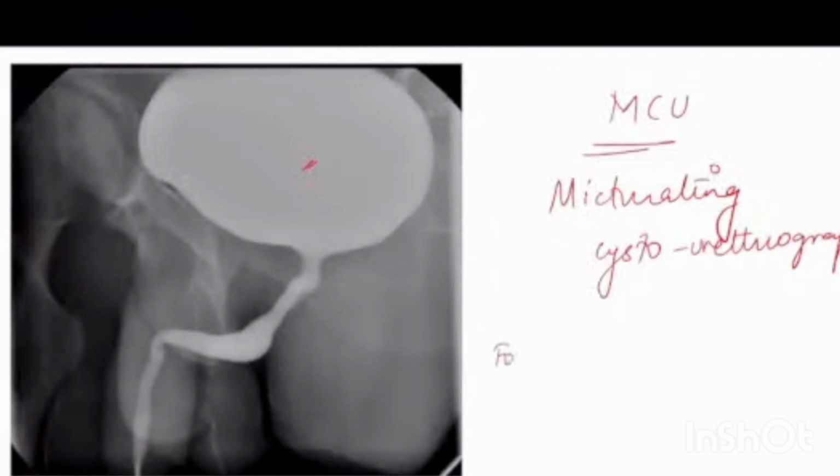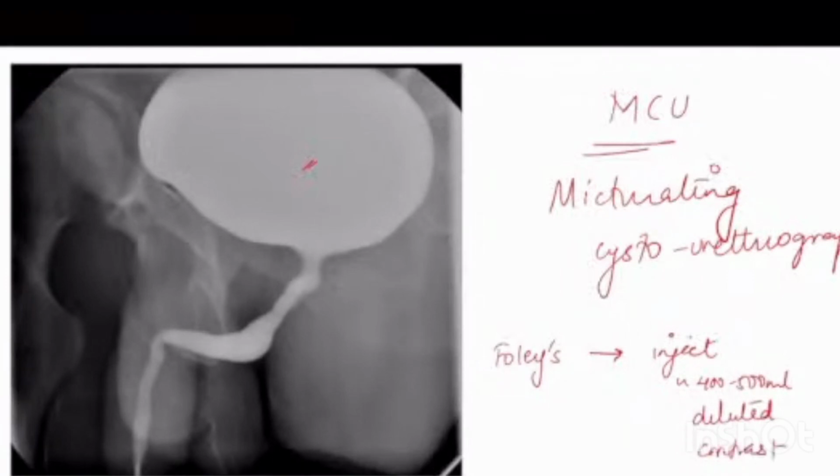Alright, so the first step is to insert a Foley's catheter in the patient, and then you inject diluted contrast. So you inject around 400 to 500 ml of diluted iodinated contrast into the bladder. Now just imagine if somebody is to inject 400-500 ml of saline or contrast in your bladder, will you start feeling the sensation to void? Yes, that is exactly what we want.